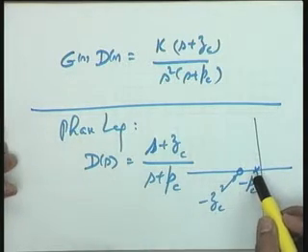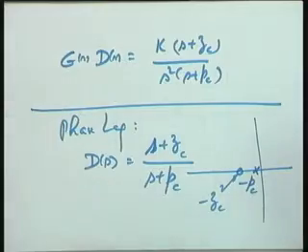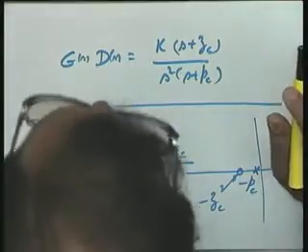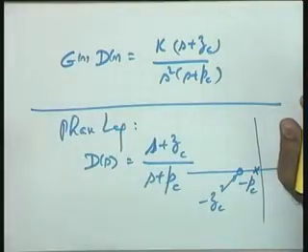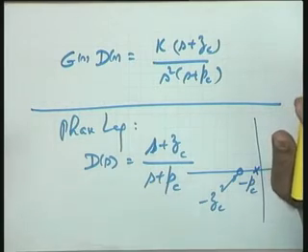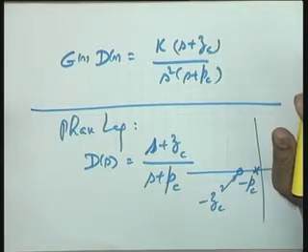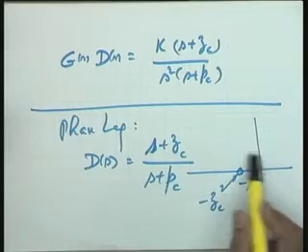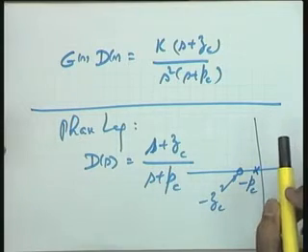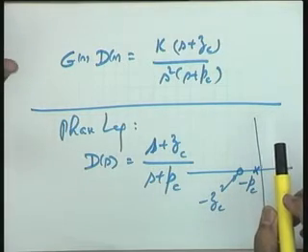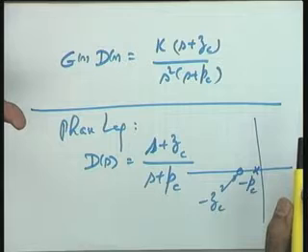Primarily you are adding an integrator in the system as far as the phase lag compensator is concerned. So it means the prime objective of design by phase lag compensation is the steady state performance improvement. As far as the transient performance is concerned, it is going to be deteriorated rather, compared to that of the uncompensated system.